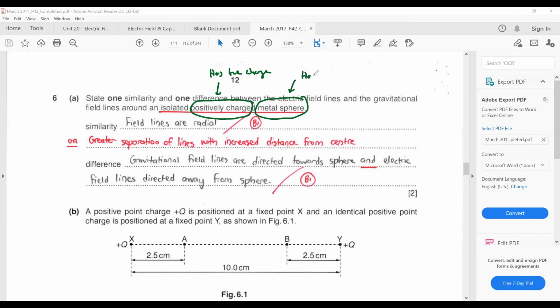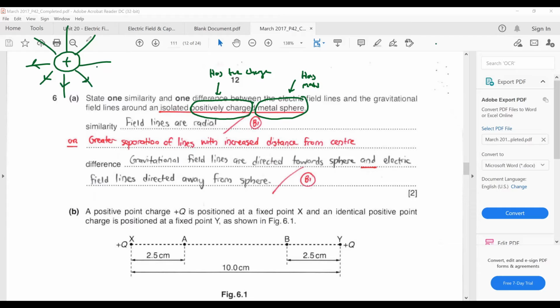That means this one has mass. It's a metal sphere, it has mass. So if I were to separate them, if I were to consider them separately, a positive charge sphere would have a field that looks like this.